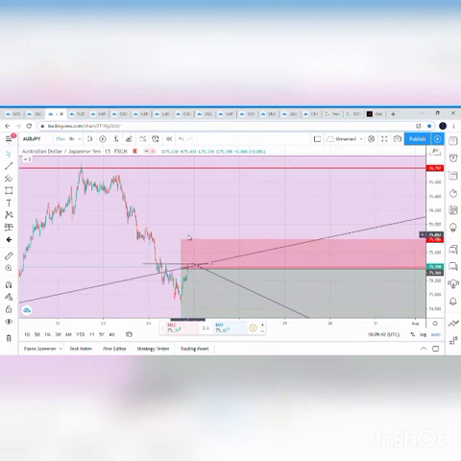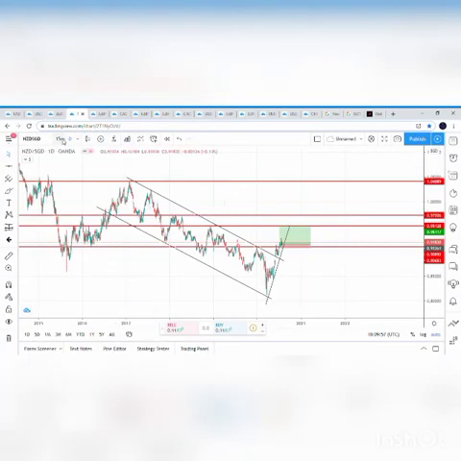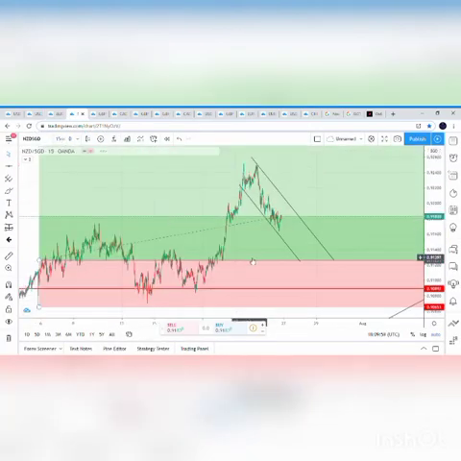If it should pass our stop loss over here, our SL, and start going up, if the candle should close to this point, then it's an invalid trade. And for these as well, let's go to 15 minutes. If it should come down and pass this zone, this is where our stop loss is.